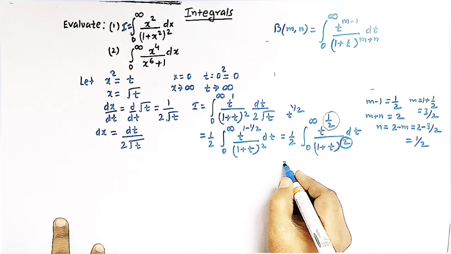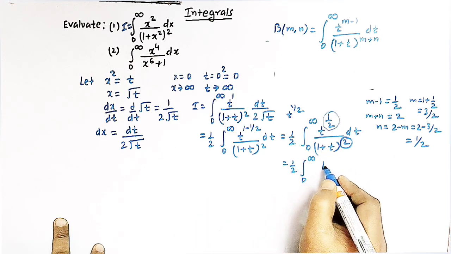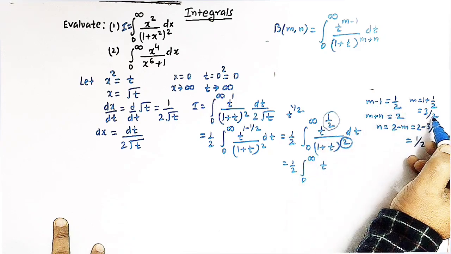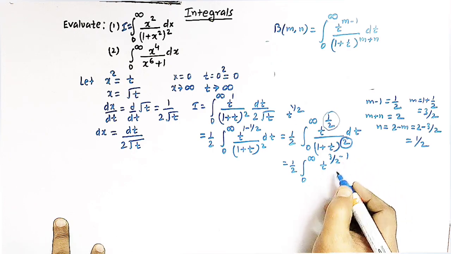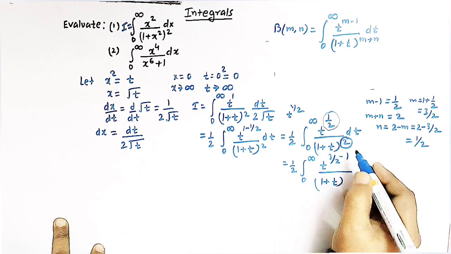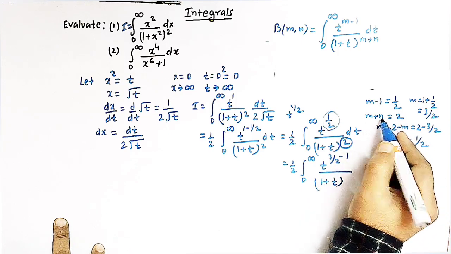So now we can write this integral as half and 0 to infinity, and t raised to half can be written as m minus 1. M is 3 by 2. So here we have 3 by 2 minus 1, and then we can write 1 plus t, and here we have 2. So 2 can be written as m plus n.